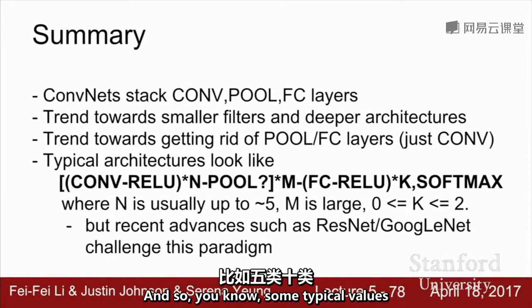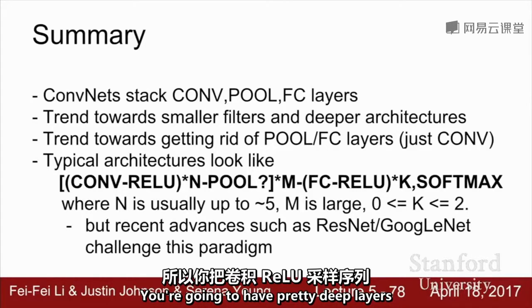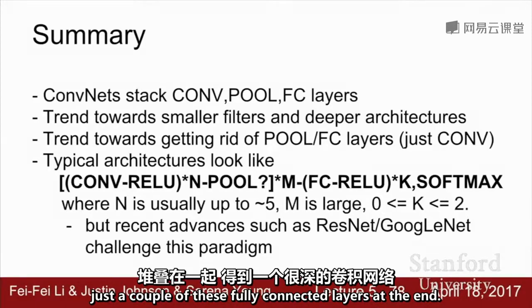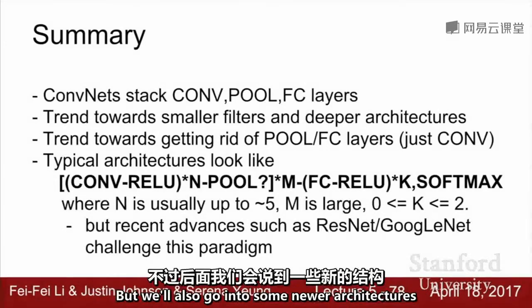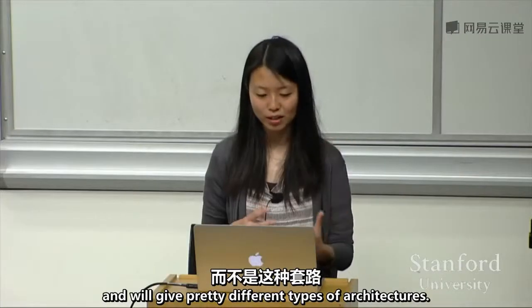Some typical values: you might have n up to 5 of these, pretty deep layers of conv ReLU pool sequences, and then usually just a couple of fully connected layers at the end. But we'll also go into some newer architectures like ResNet and GoogleNet, which challenge this and give pretty different types of architectures.